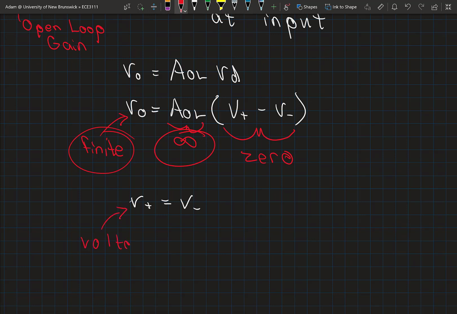Okay, so this again is defining the voltage at the non-inverting terminal, and the negative subscript is defining the voltage at the inverting terminal.